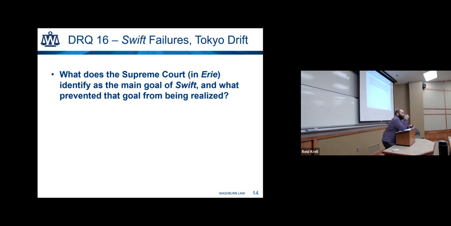Let's think about it in terms of what we talked about with this question. What Swift does is it empowers federal courts to determine common law even where state courts have spoken on the issue.